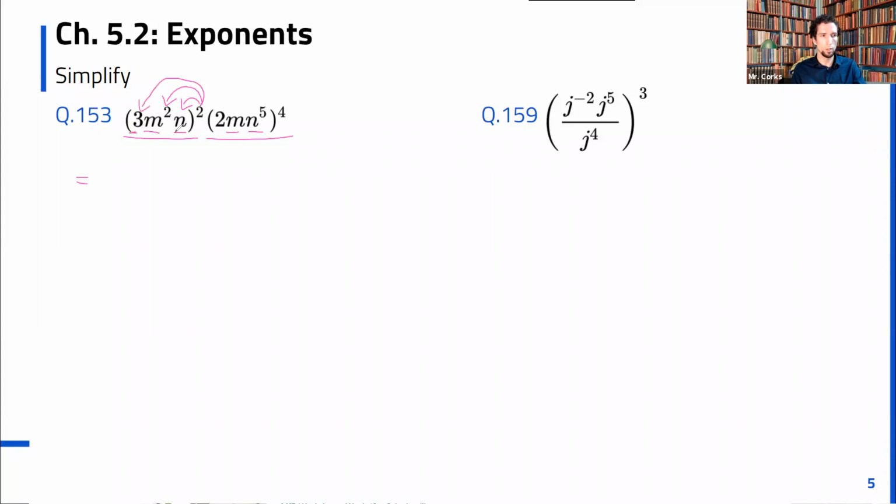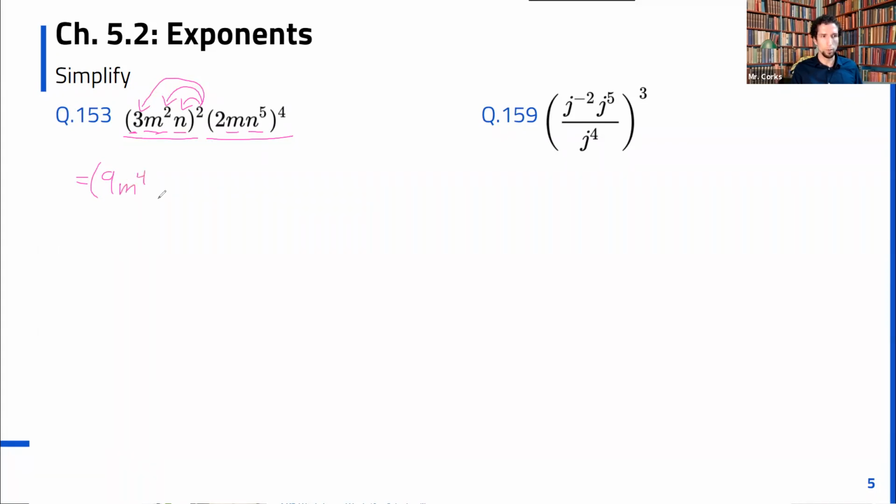There are 3 parts on the inside here. So 3 squared, 9. m squared, then squared again. So that's m to the exponent 2, then again to the exponent 2. Exponent to exponent, we multiply those, 2 times 2.